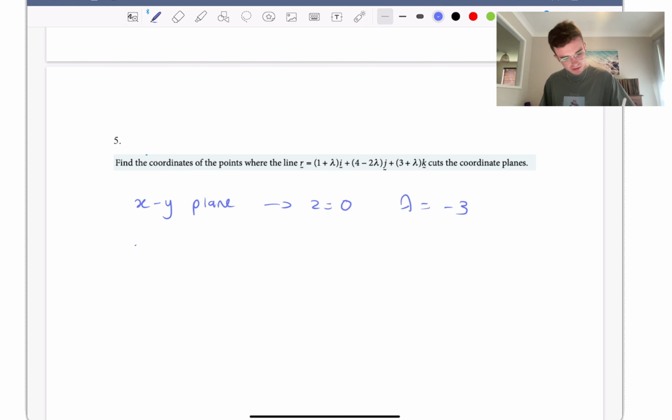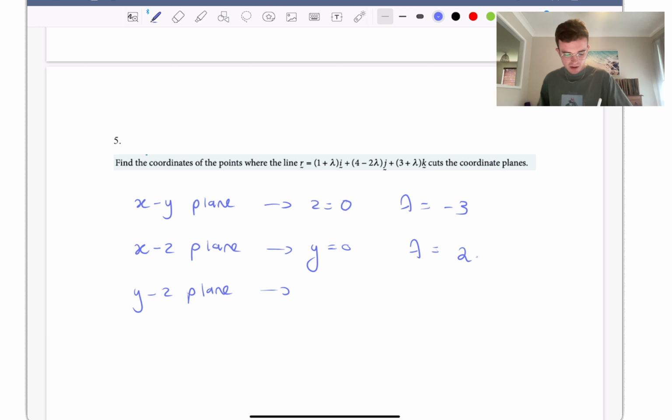The xz plane, we've got no y values. So let's make this equal to 0, lambda is 2. And what are we going to do? We're going to do the yz plane. That's where the x is 0, so that means lambda is minus 1.